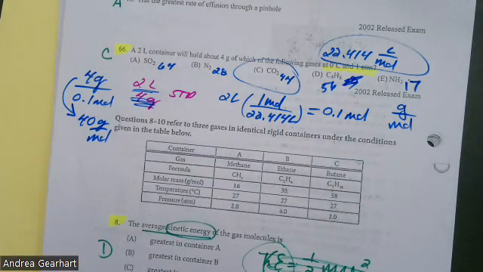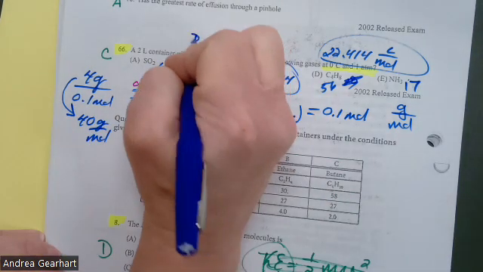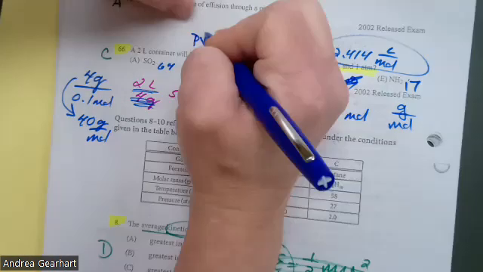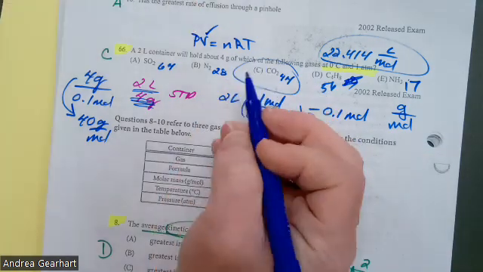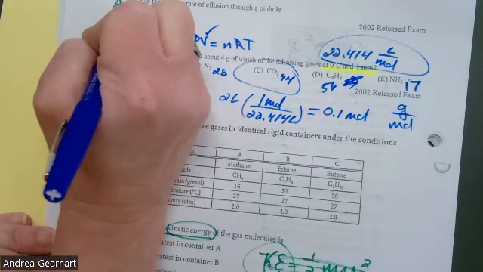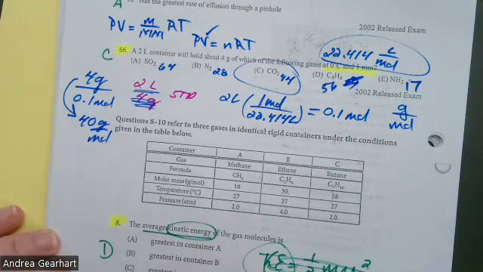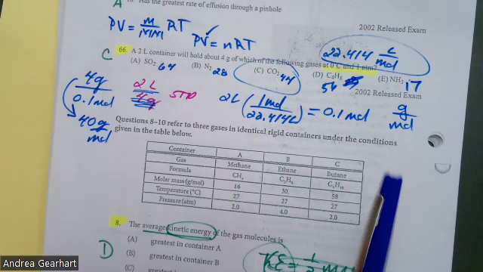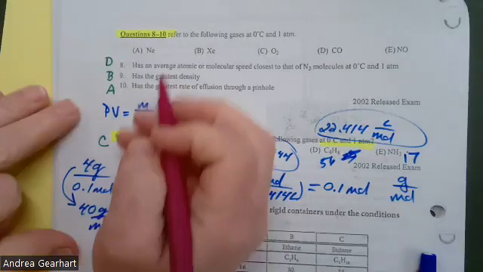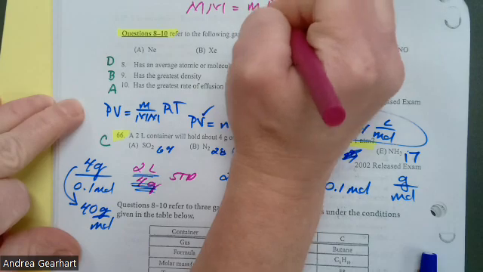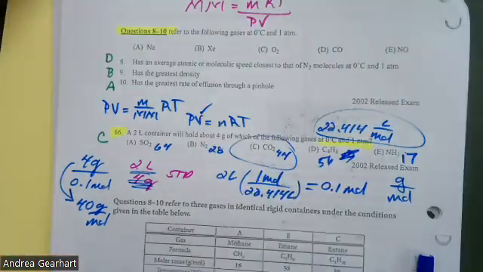Now, you could have also applied the ideal gas law. So we know the volume, we could rearrange and say, okay, to get my molar mass, I know it's going to be the mass RT over PV.